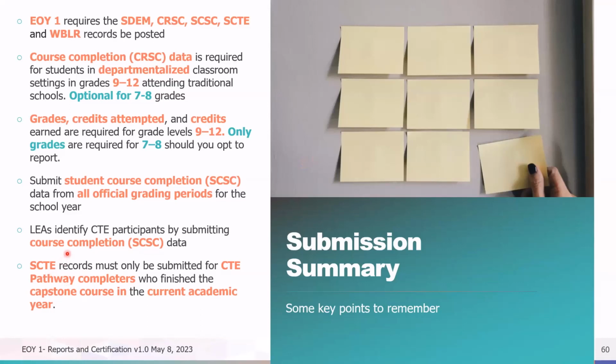Then LEAs identify CTE participants by submitting course completion and student course completion data. Anyone who is participating in or completed a CTE course, regardless of whether they are in a pathway, is considered a participant. For CTE pathway completers, you need to submit an SCTE record showing that they are completers of a specific pathway, and you also have to submit the SCSE record showing that they enrolled in that specific capstone course.